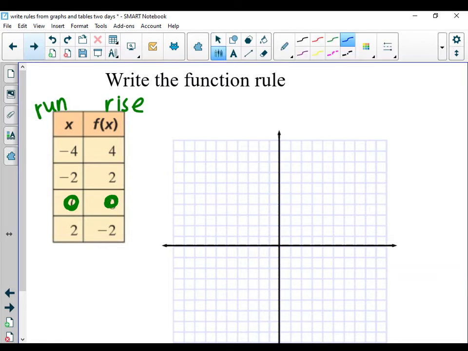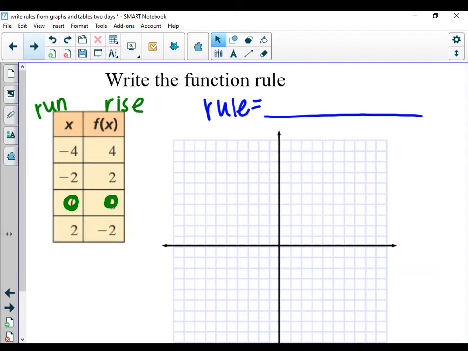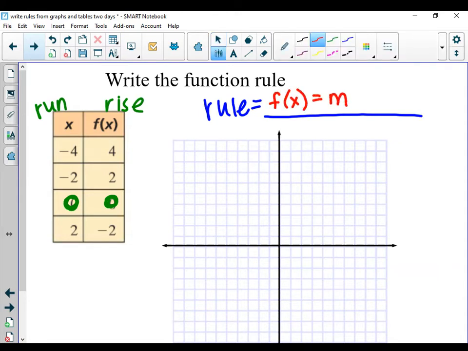So when I'm writing my rule, f of x equals mx plus 0 this time. Which we've seen a couple problems where they just don't write that at all, which is technically okay also. But if you like it there, you go ahead and write it.